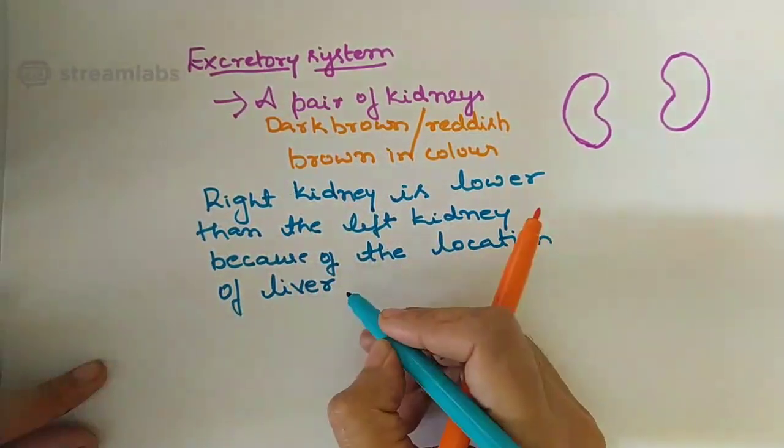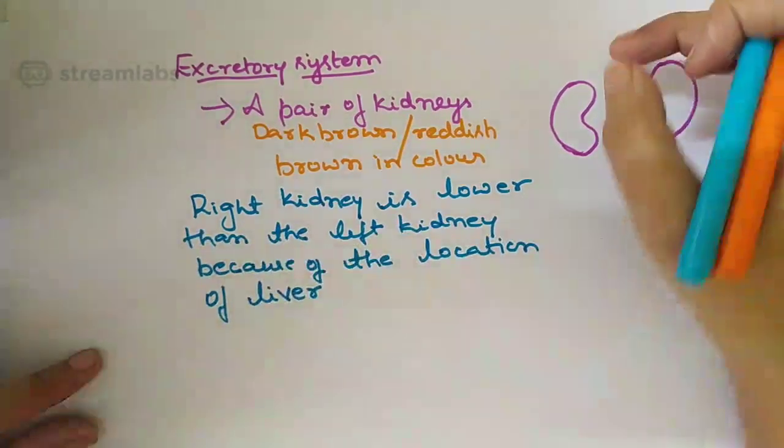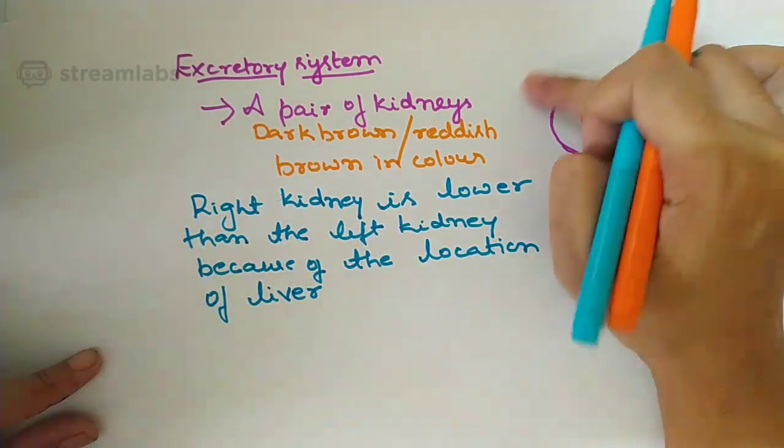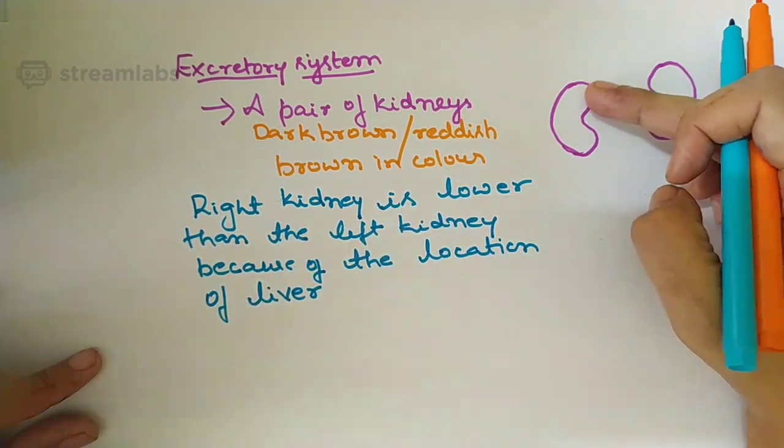Which is the largest organ of our body? Liver. Here there is the liver, that is why the right kidney is lower.